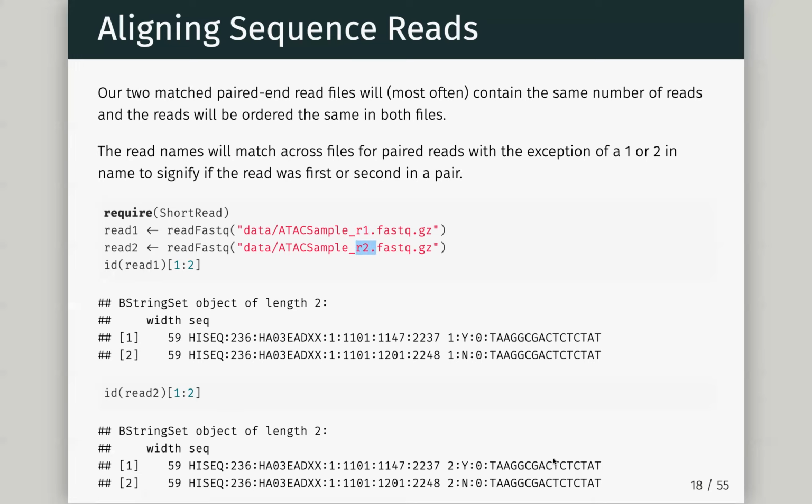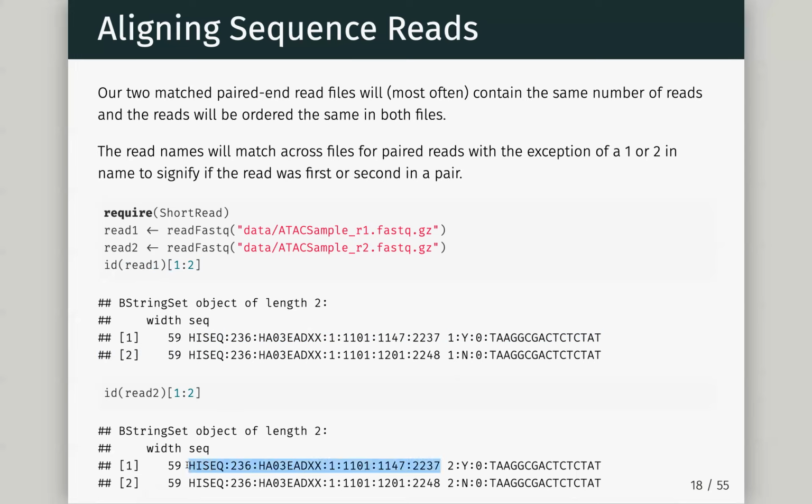Now if I actually look at the ID for my reads using the ShortRead id function, I just look at the first two read names. It tells me a little bit about the width, but I can see here the machine, flow cell, the position. And then here I've got this 1. If I look here, I've got the equivalent 2.